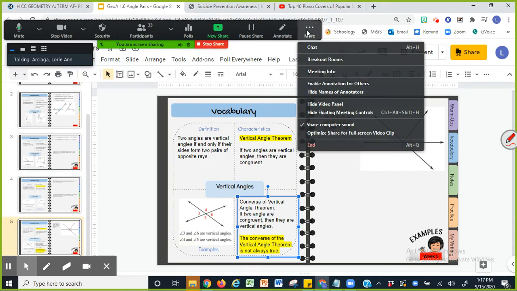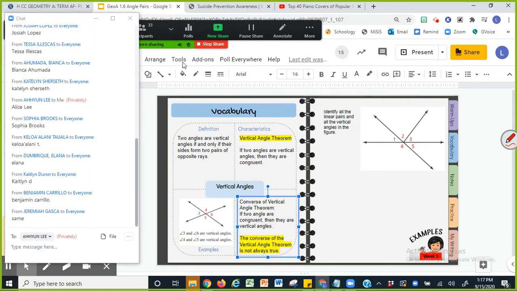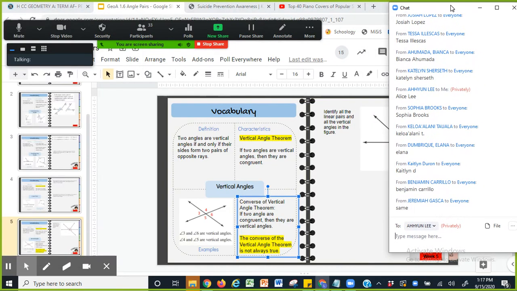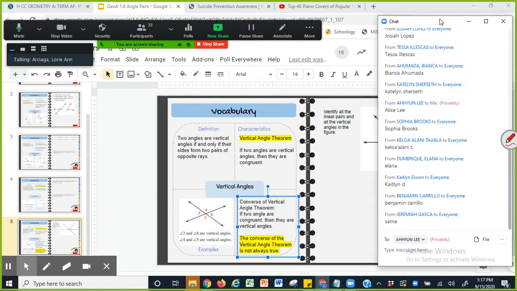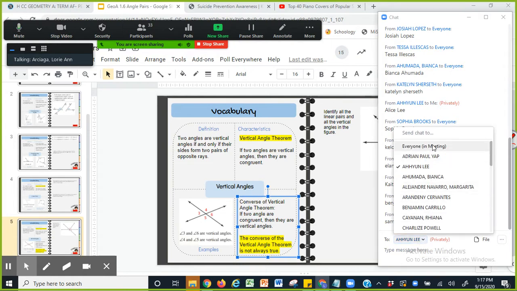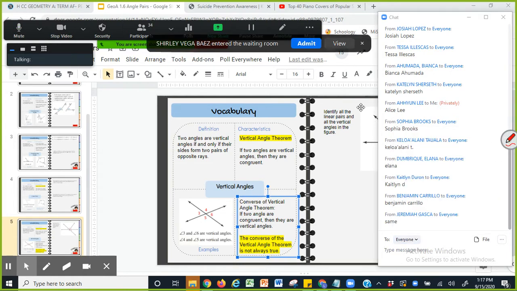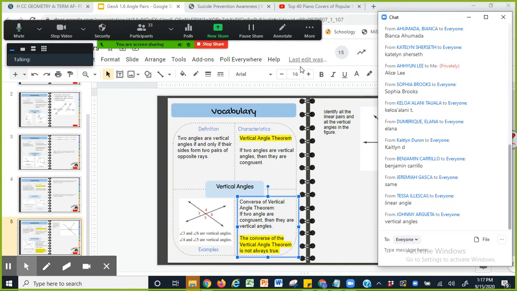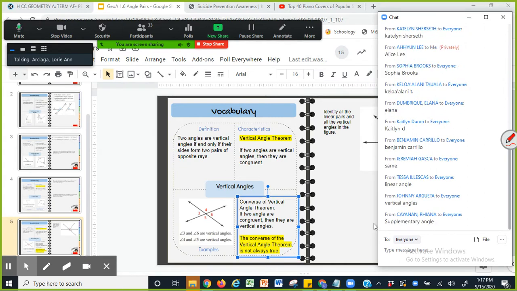In the chat, before we go to our next activity, can you mention one type of angle that we talked about in those 4 slides? Type in any pair of angles that we mentioned. Linear pair, vertical angles, very good. Can you also type how linear pairs are related, Tessa?